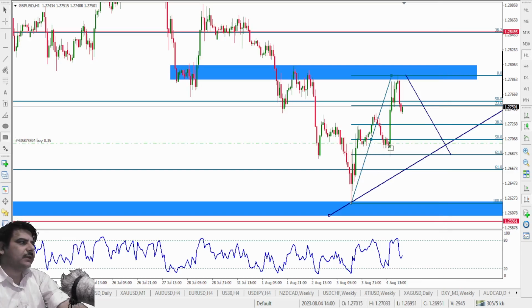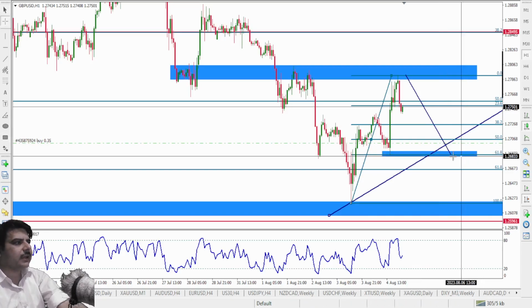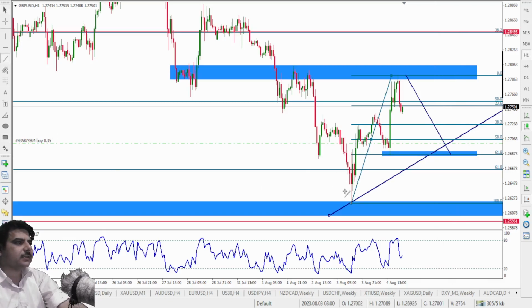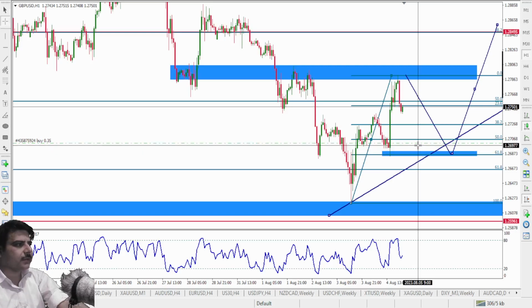The market will create this double bottom, retest the support, and then continue back up. So this is a very ideal opportunity for the upcoming week for those just like me who are holding buy positions.